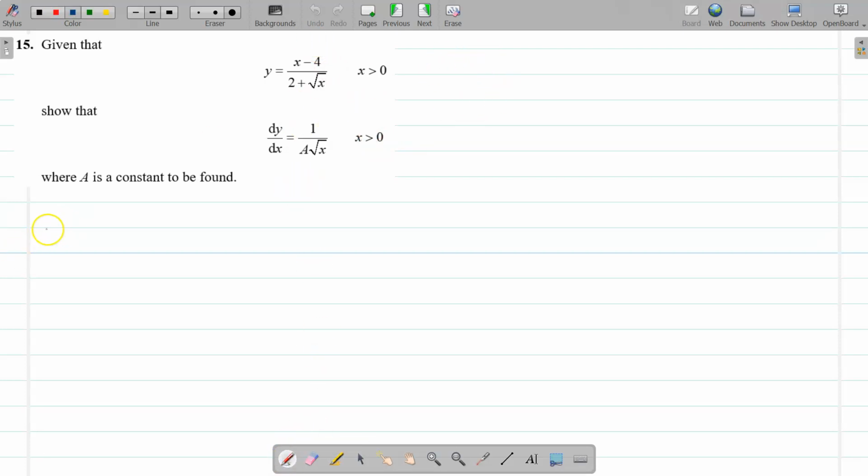If you think back to GCSE, you can simplify y very easily by rationalizing the denominator. So you can rewrite y as x minus 4 over 2 plus root x. Okay, and you're going to times it by 2 minus root x over itself.